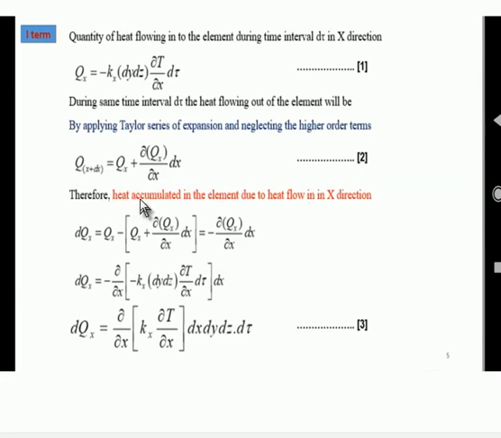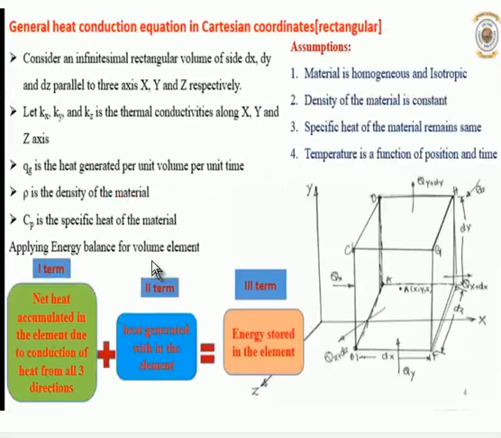Therefore, the heat accumulated in the element due to heat flowing in the x direction is dQx, equal to Qx minus Qx plus dx. When this much heat is flowing into the element and this much heat is leaving the element, this minus this gives the net heat accumulated within the element.